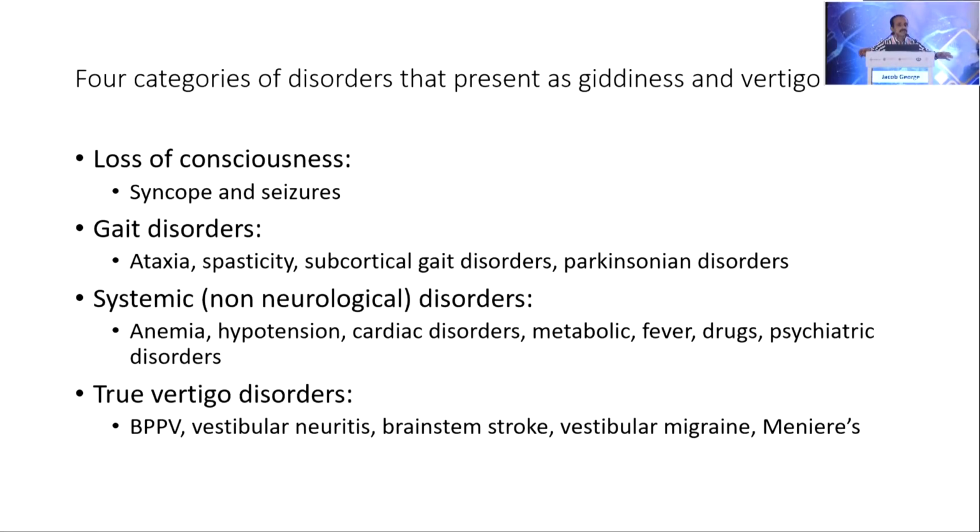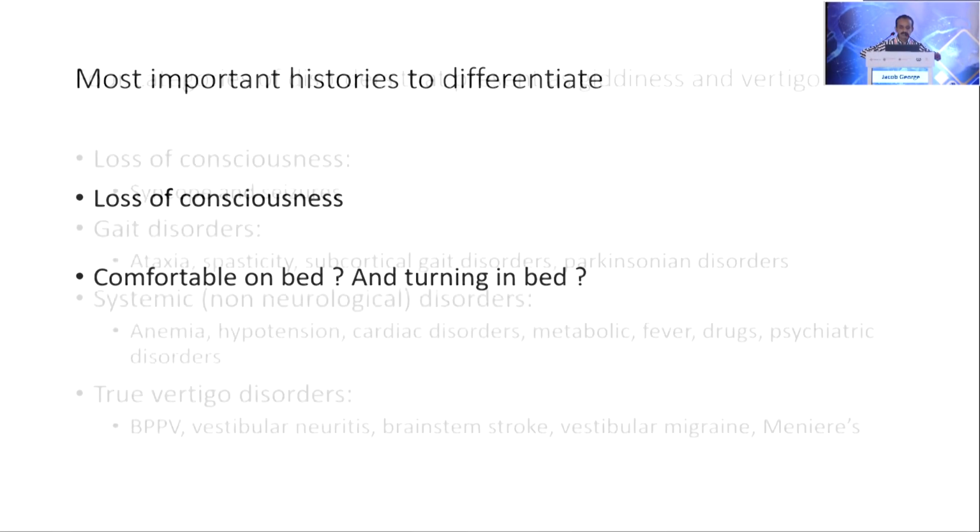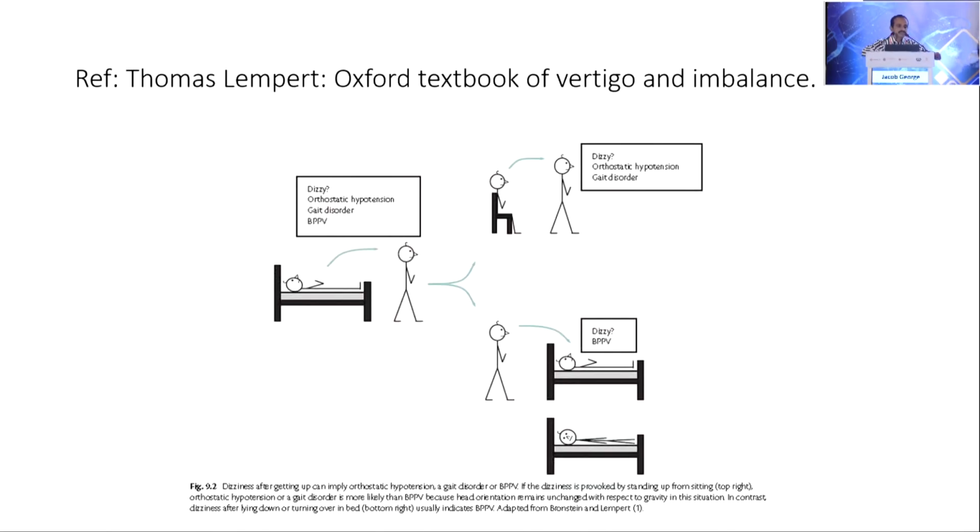Similarly, patients with anemia, all systemic disorders, are absolutely comfortable when they are lying on the bed and turning on the bed. Whereas all vertigo disorders, not only BPPV, all vertigo disorders are to some degree exacerbated when the patient turns on the bed. So these are the 2 valuable histories you can ask to differentiate true vertigo and dizziness from other causes of dizziness.